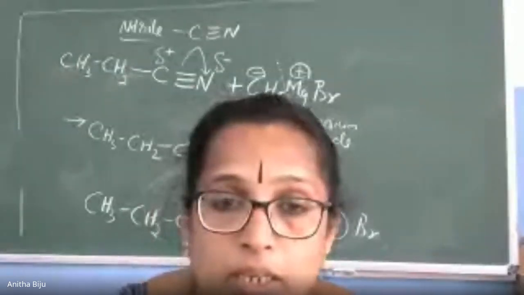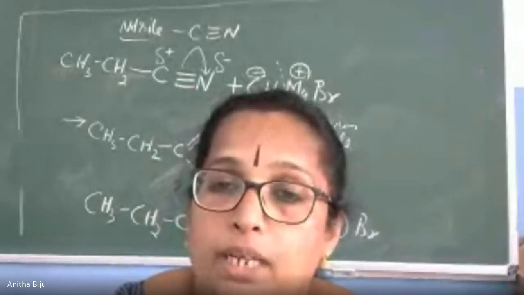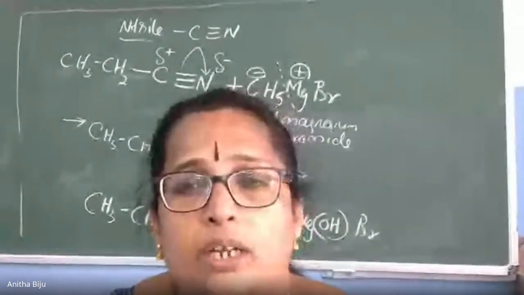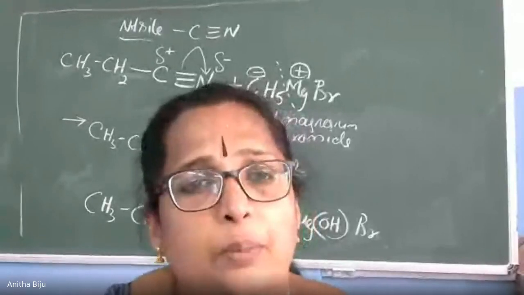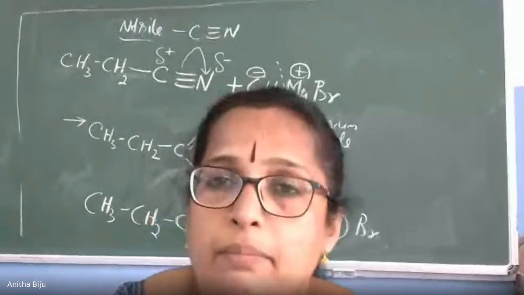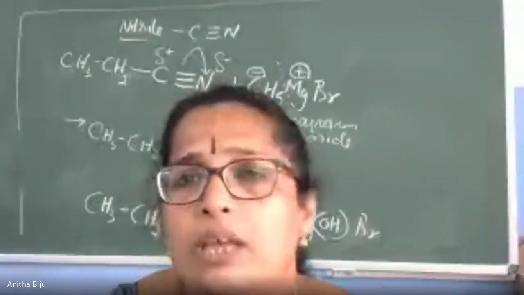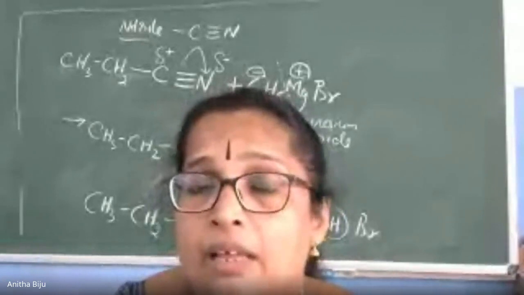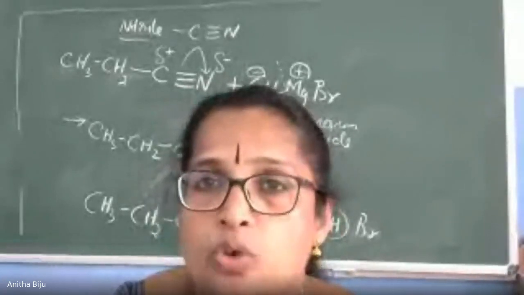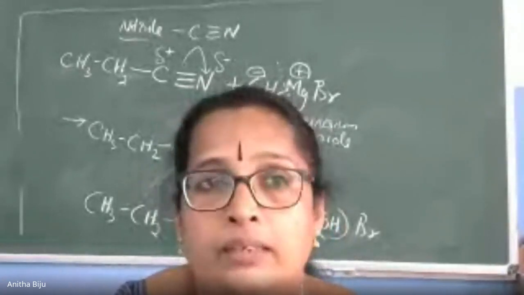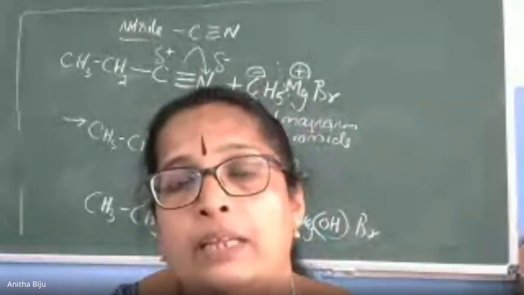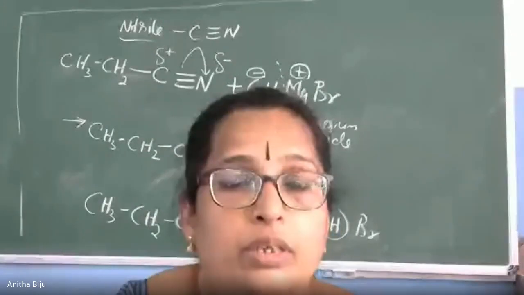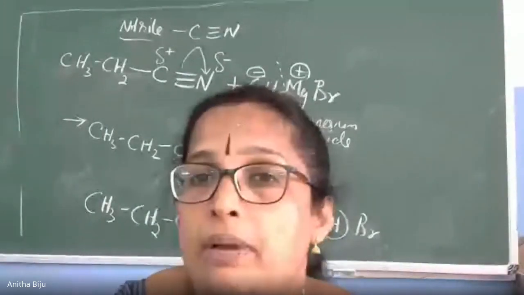Got it? And the third physical property is solubility. Lower members are miscible with water. Miscible does not mean completely soluble. We can say three members are miscible with water: methanal and ethanal, these two members of the aldehyde homologous series, and the first member of the ketone family, acetone, that is propan-2-one.